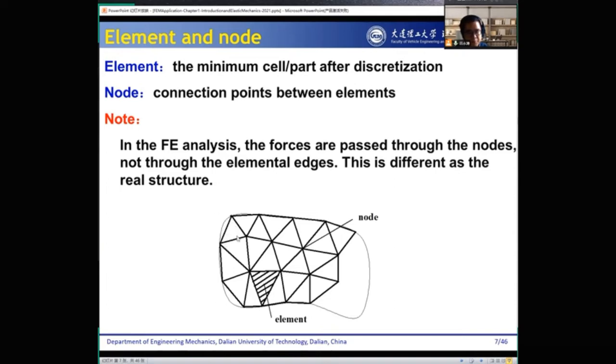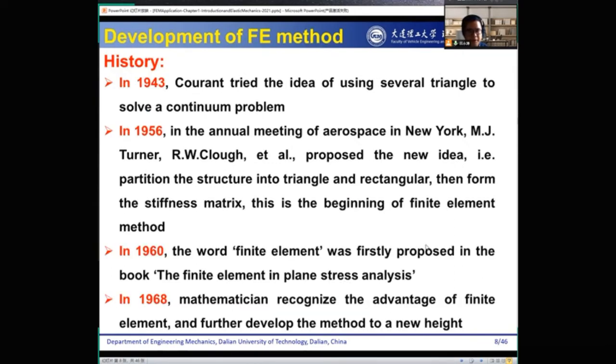We can do this by making our elements smaller, that is, increasing the number of elements. Then the actual geometry and the matched geometry can match with each other, and the error introduced by the finite element analysis will be minimal. It's important that you know this, so when you do the analysis, you don't make mistakes, and you can correctly understand your problems and your analysis.